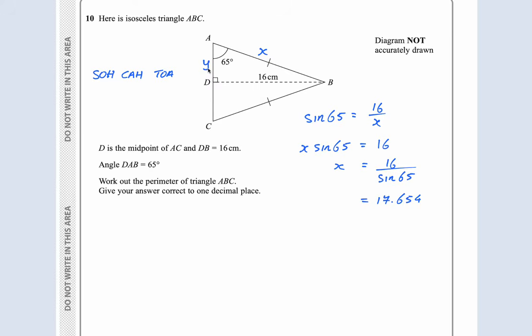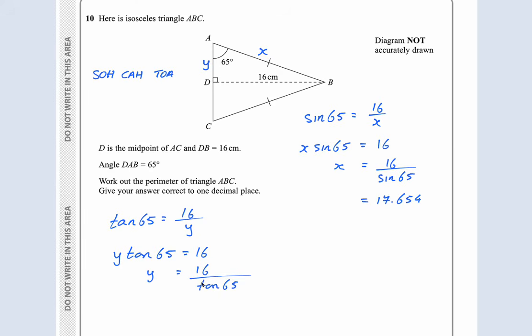Similarly, let's do y. So now I'm going to use the opposite and the adjacent. So it's tan. I'm going to say tan of 65 equals opposite, again, is 16. Adjacent is now y. Let's cross multiply. Tan 65 equals 16. Y equals 16 divided by tan 65.